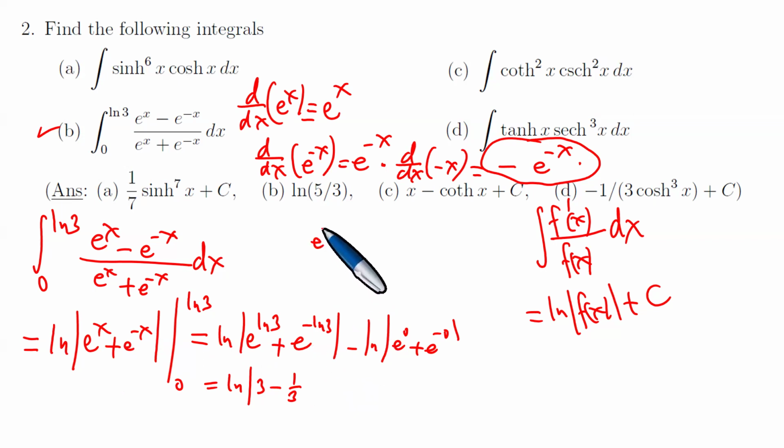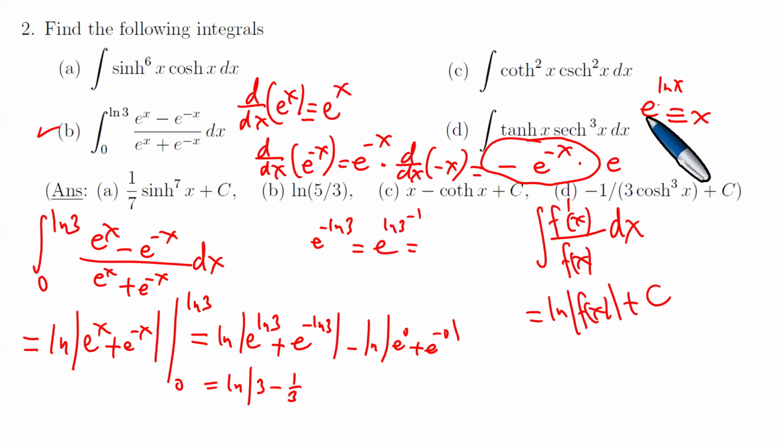The e to the minus ln 3 is e to the ln of 3 to the minus 1. In mathematics, e to the ln x is actually x all the time. Why? Because e to the ln x is e raised to the log of x base e, and this is x.